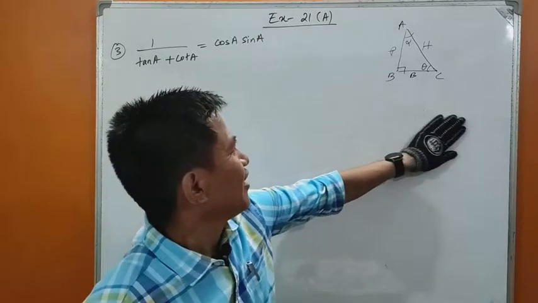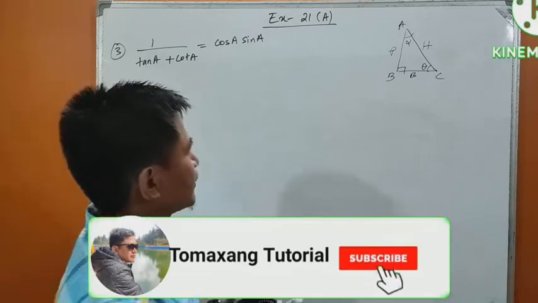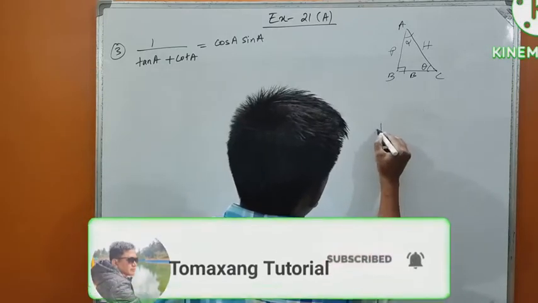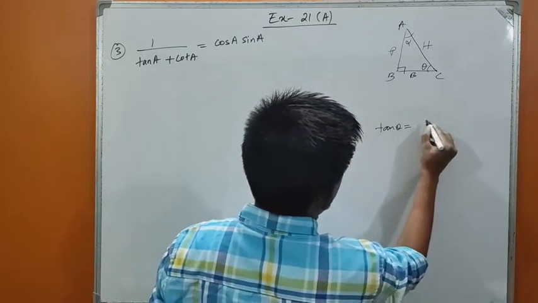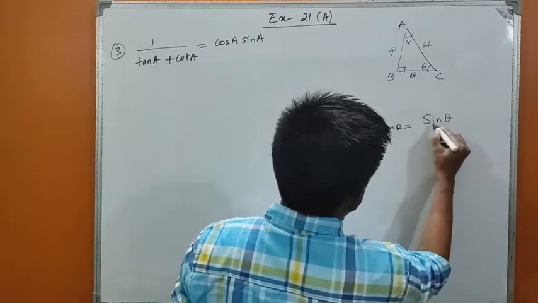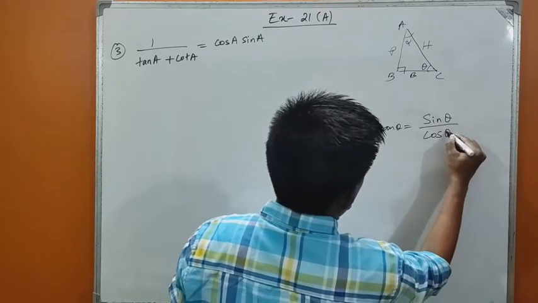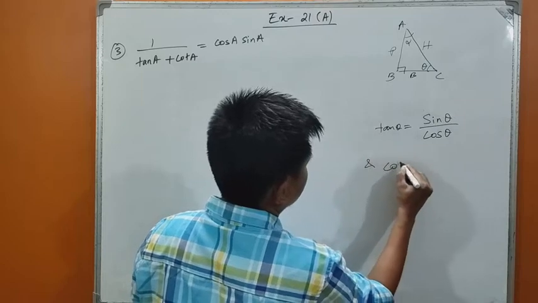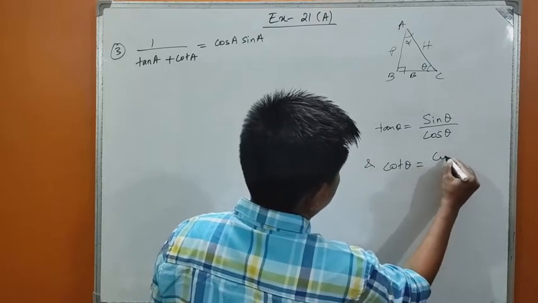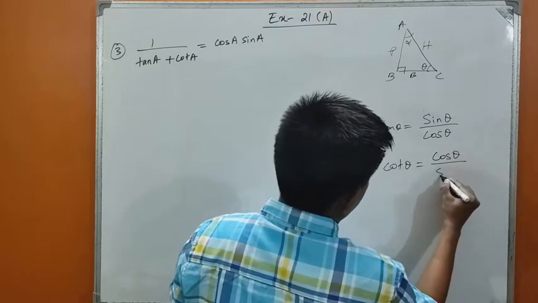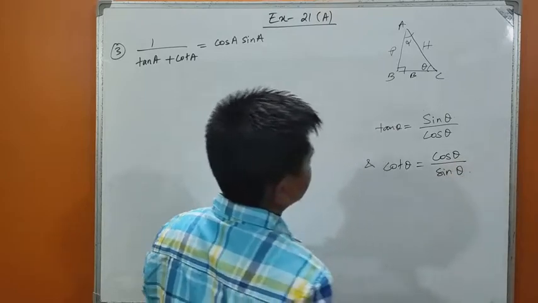Now in this case we need this formula: tan theta equals sin theta upon cos theta, and cot theta equals cos theta upon sin theta. This is the formula which we need here.